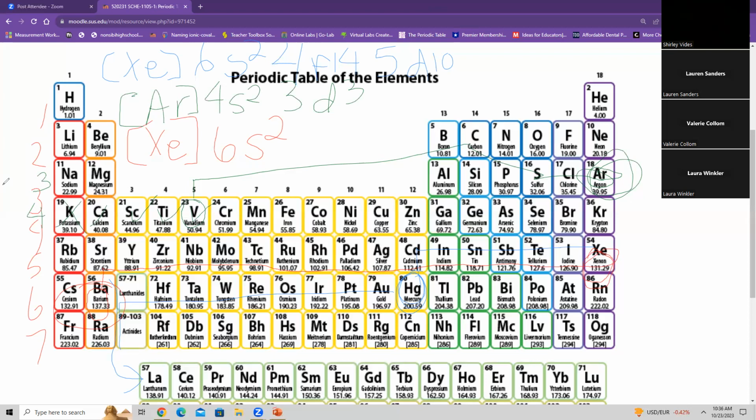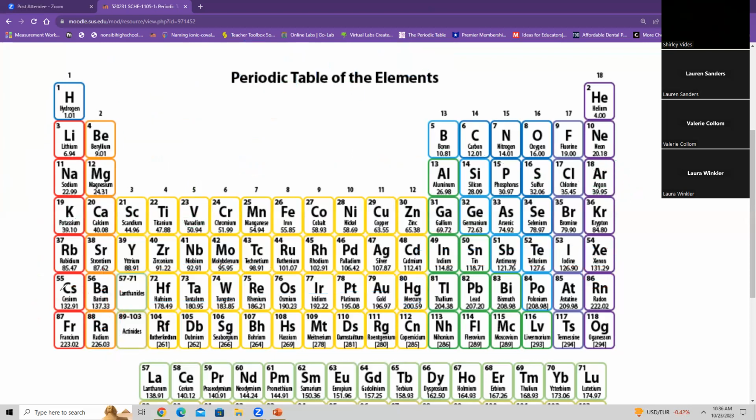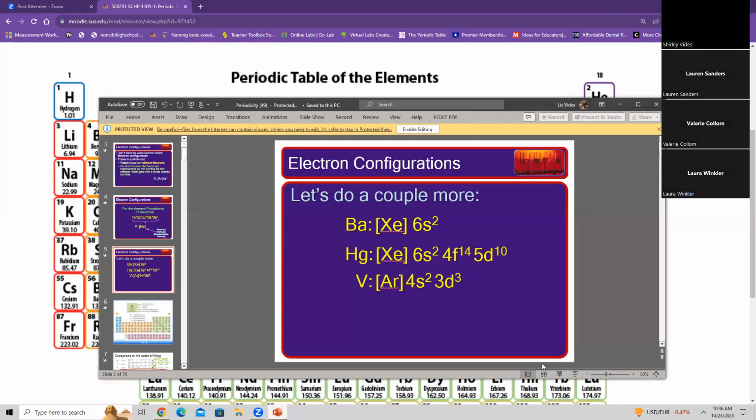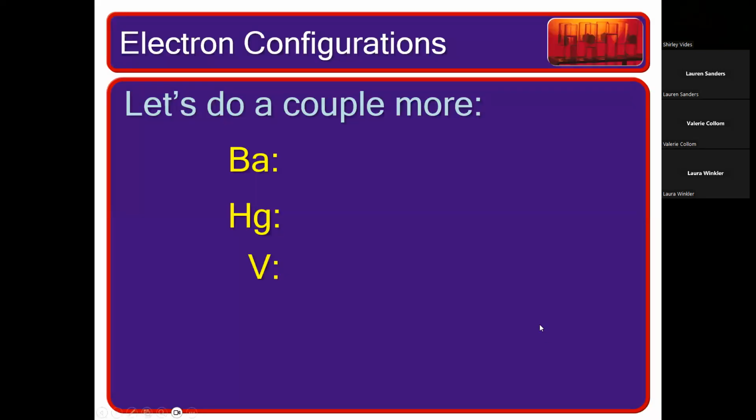Let's clear all of these and go to the PowerPoint again, so we can see it in action. Okay, so again, barium, we said it was xenon, and then we went all the way across to barium, which is 6s2, and that's it.